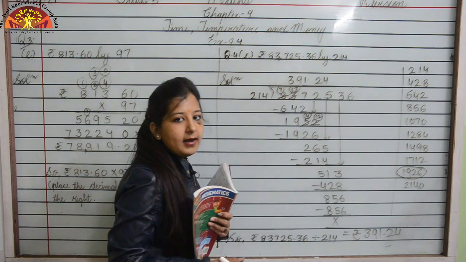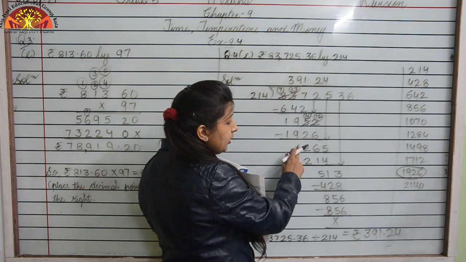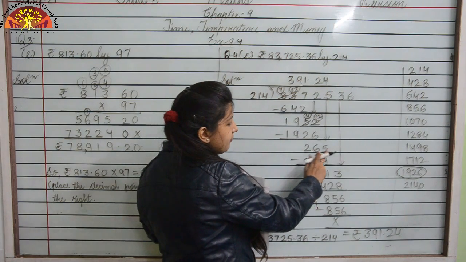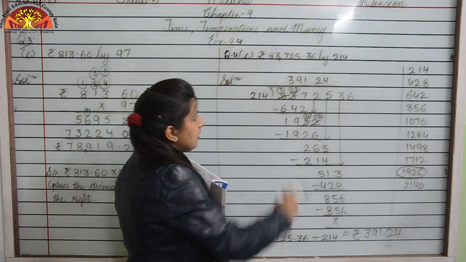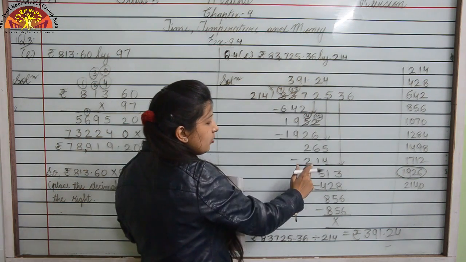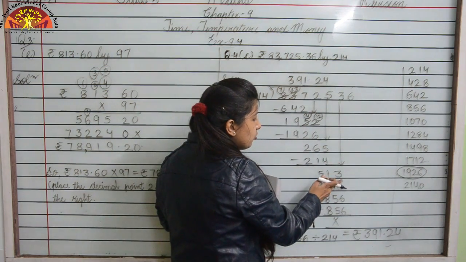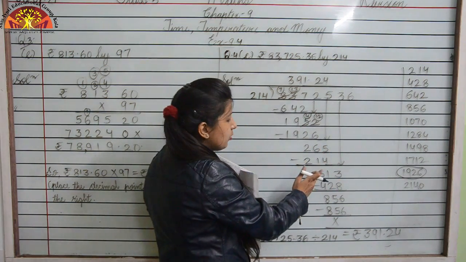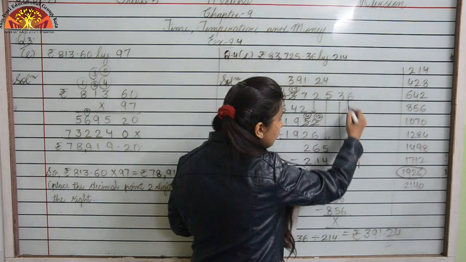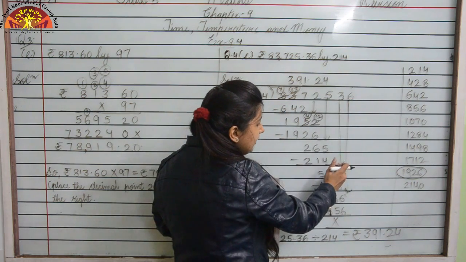Now we will subtract 265 and 214, and we have already written 214 1s are 214. Now we will subtract it. 5 minus 4 equals 1. 6 minus 1 equals 5. Then we will bring 3 down here.